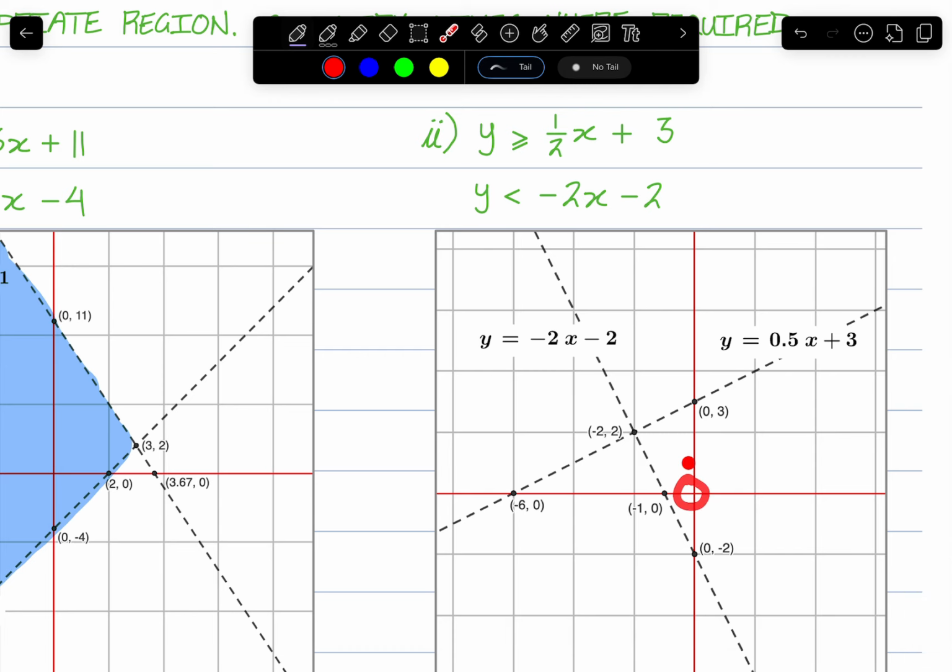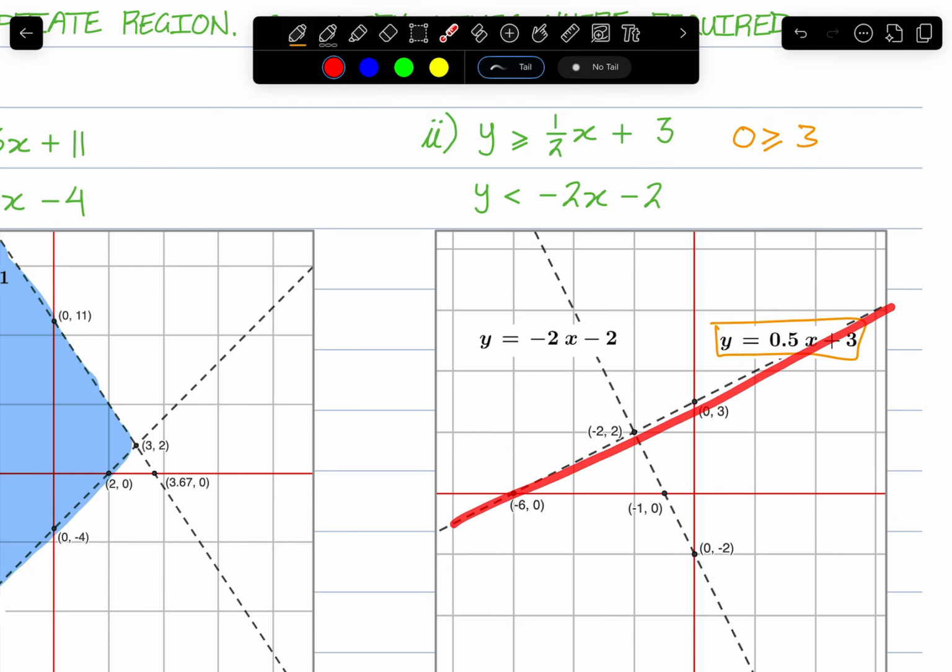So substituting 0 into this orange one, so that is this one here. So substituting, so 0 into here, 0 is greater than or equal to, in this case, 0 plus 3, well, it's going to be 3. And this is not a true statement. 0 is not greater than 3.